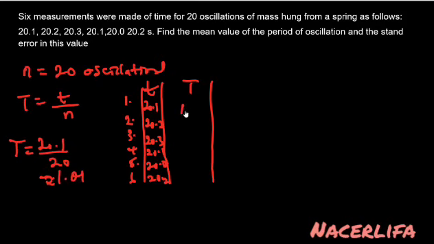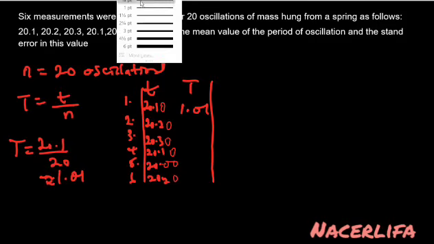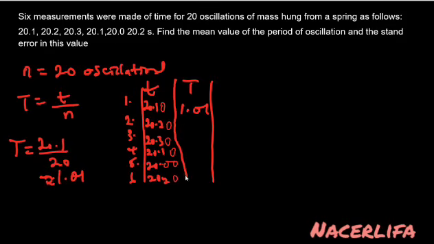To make these have 2 decimal places, we can write them as 20.10, 20.20, 20.30, 20.30, 20.10, 20.00, and 20.20.